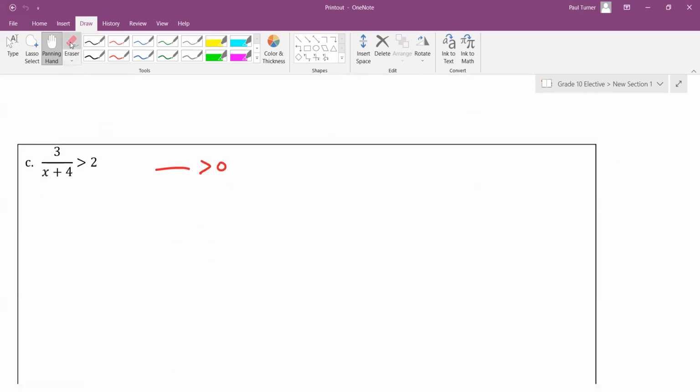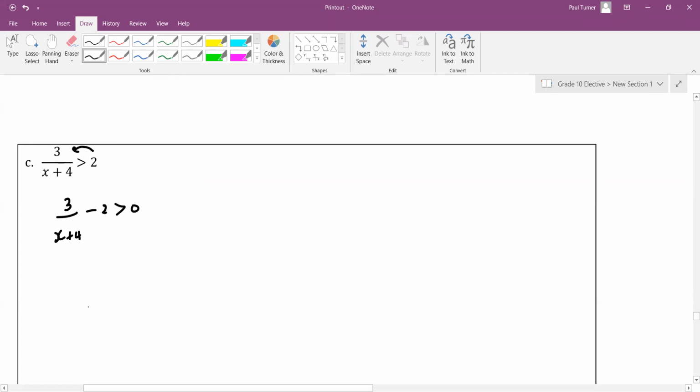Okay, so we want to get the 2 to the other side. So we'll do that first. So we got 3 on x plus 4, -2 greater than 0. So just stick the 2 on this side. So now we make this a common denominator.